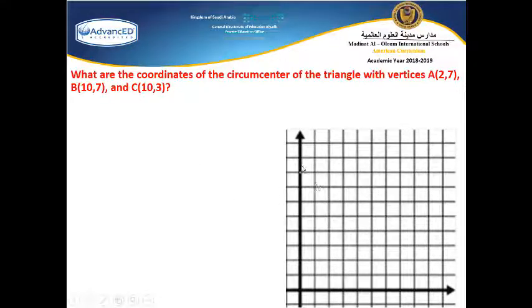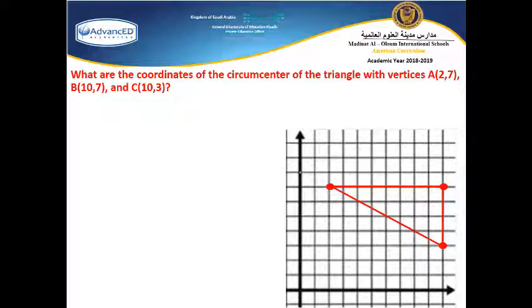This is a right triangle. We are given vertices A, B, and C. Let's graph these points, A, B, and C, and connect them to draw the triangle. We said the perpendicular bisector passes through the midpoint.